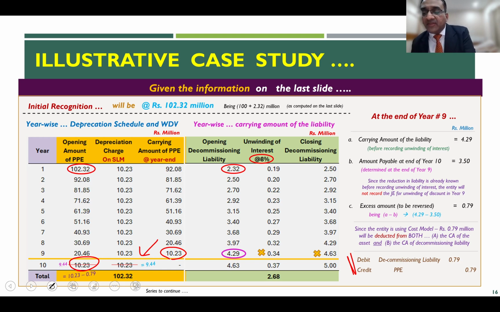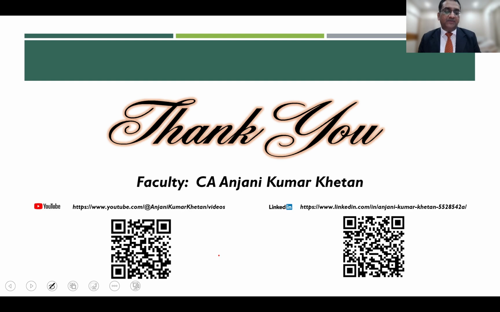Why? Because the opening balance itself has been reduced to 9.44. The entire amount you will depreciate in the 10th year and the asset balance will become 0. And of course, because of this reduction in the liability, this 4.63 also will get changed to 3.5, and you will use that 3.5 to discharge your obligation at the end of the 10th year. This is exactly what I wanted to cover for this particular video.